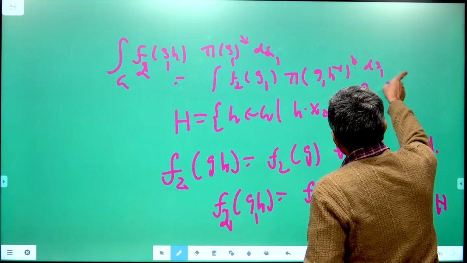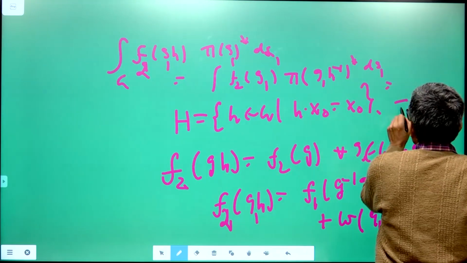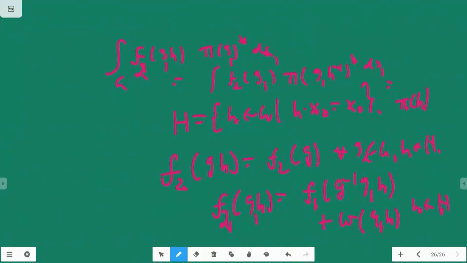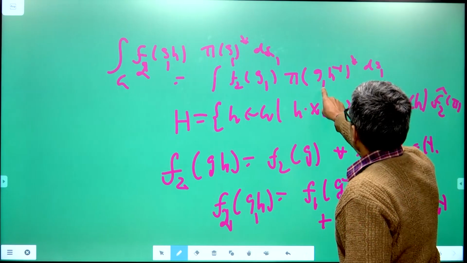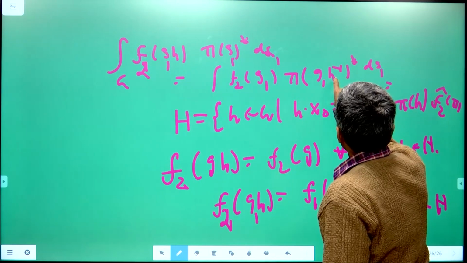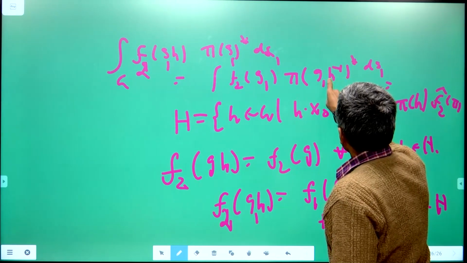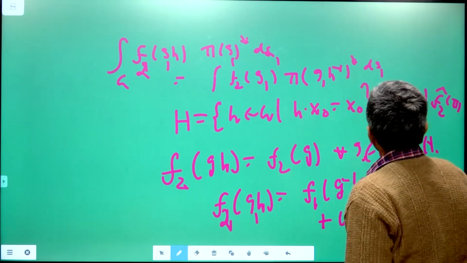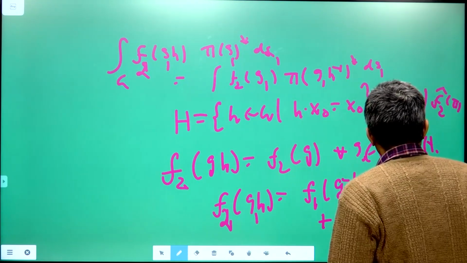So, pi h will come outside because it is a unitary representation, into f2 cap of pi. Pi h comes out when you use the homomorphism property of pi, namely pi of g1 h inverse can be written as pi g1 into pi h inverse. If you take the star, pi h inverse whole star into pi g1 star, and pi h inverse whole star is pi of h because it is a unitary representation.